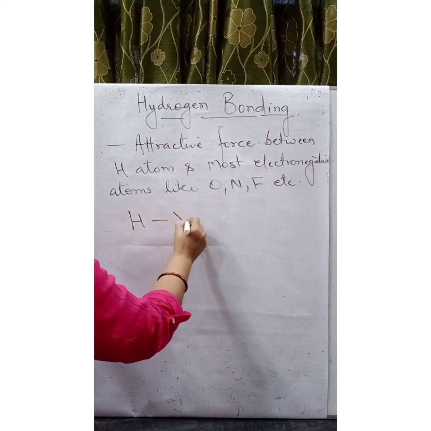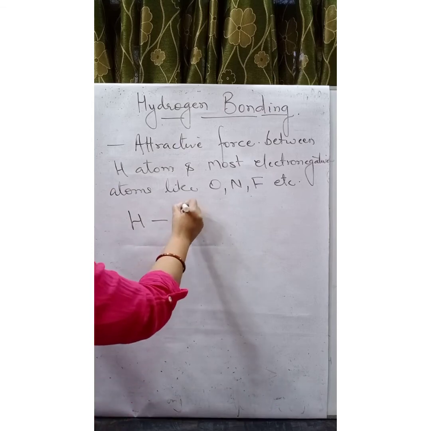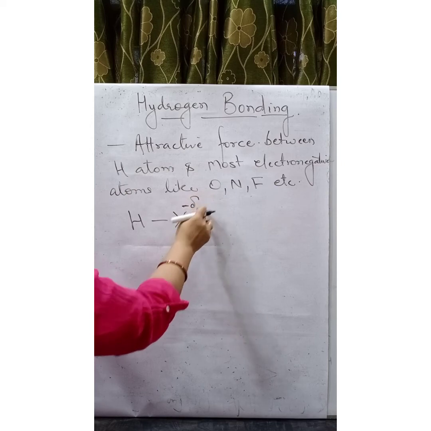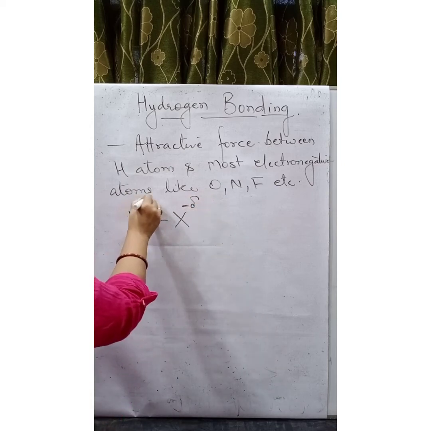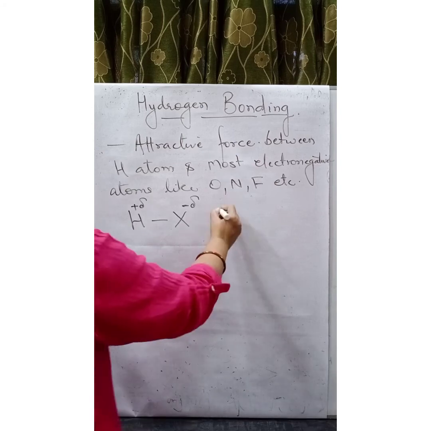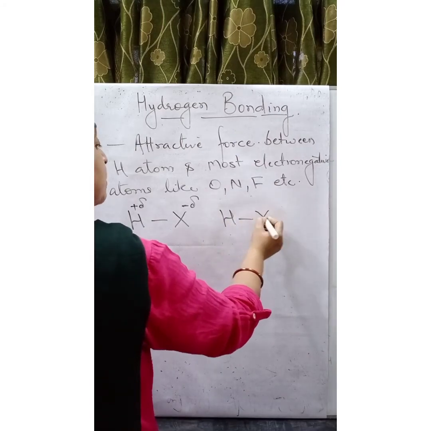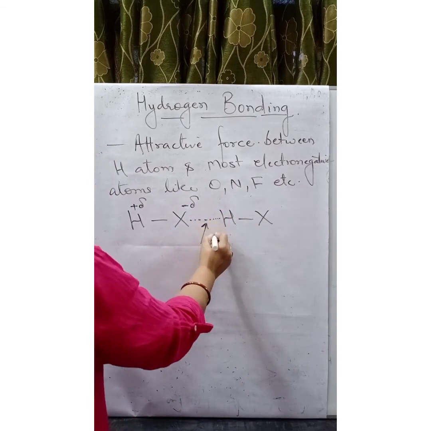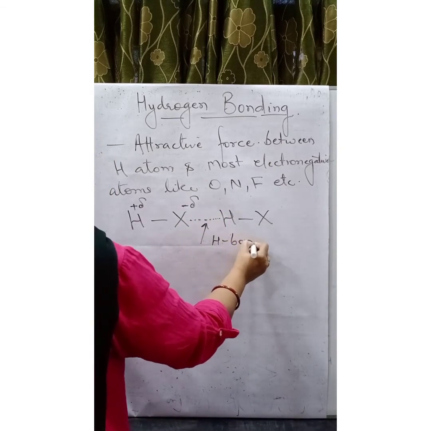In this hydrogen bond, because the atom is highly electronegative, it assumes a partial negative charge and hydrogen assumes a partial positive charge. So basically hydrogen bond is indicated by a dotted line. This is hydrogen bond.